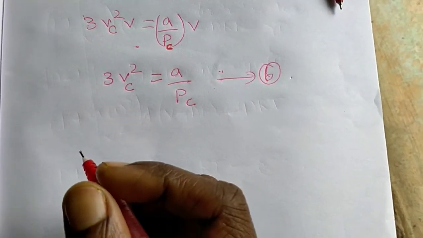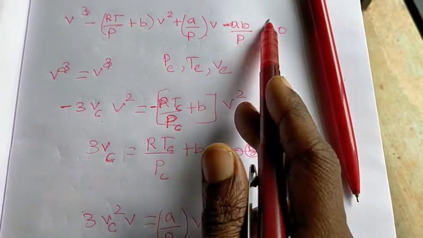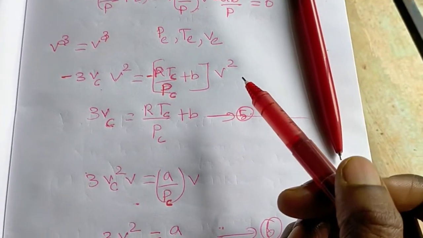And the next one: the last term of this equation is equalized with the last term Vc cube.